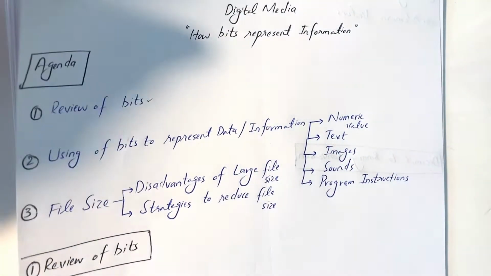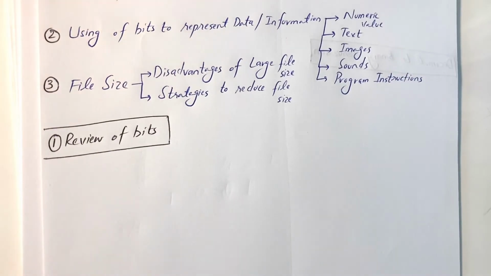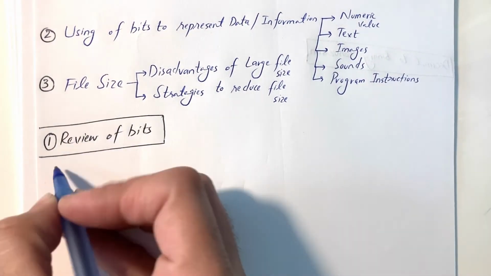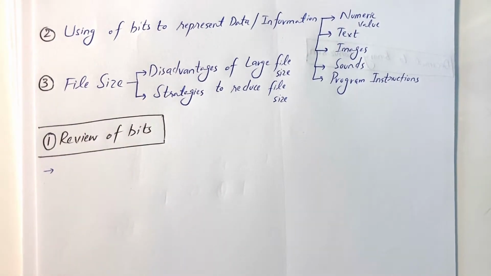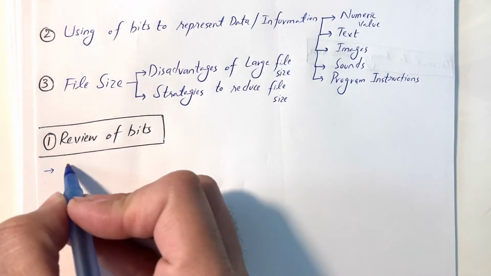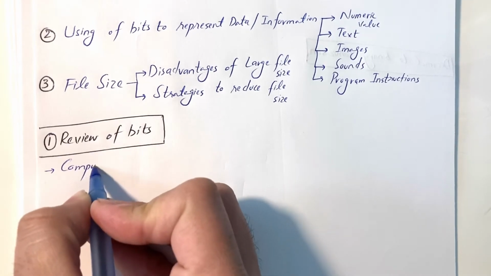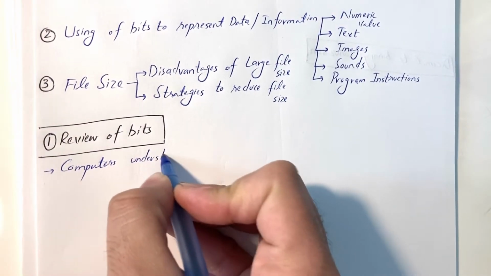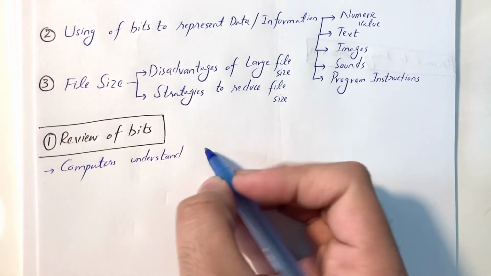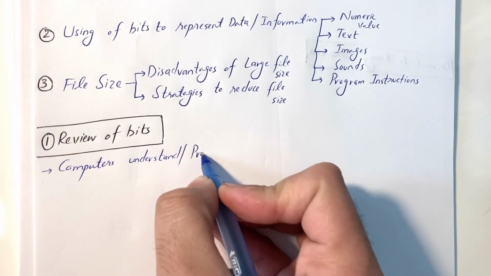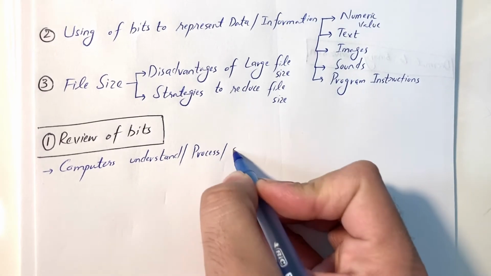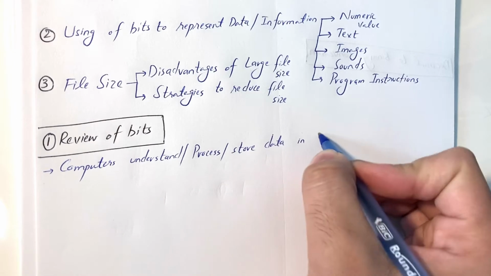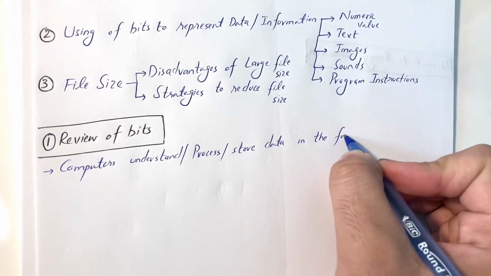So if you remember in the last class, we discussed that the computer processes and stores data in the form of bits. And a bit is the smallest entity which a computer can process. So computers understand, or you can say process or store, data in the form of bits.